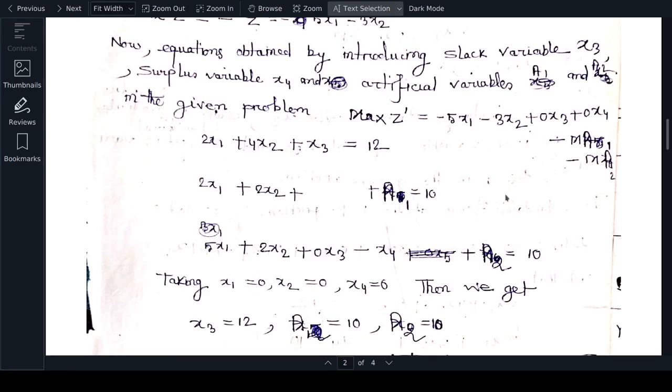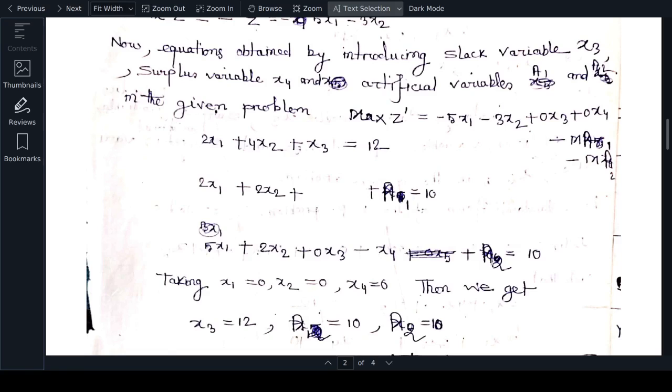Yes, sir, clear. Sir, why did we include A2 in the third equation? For the third equation, why do we use an artificial variable?